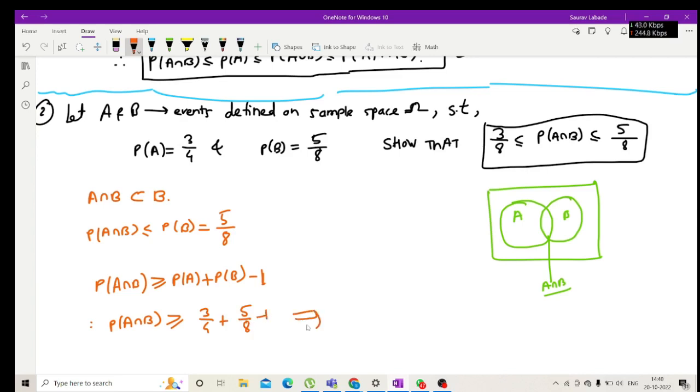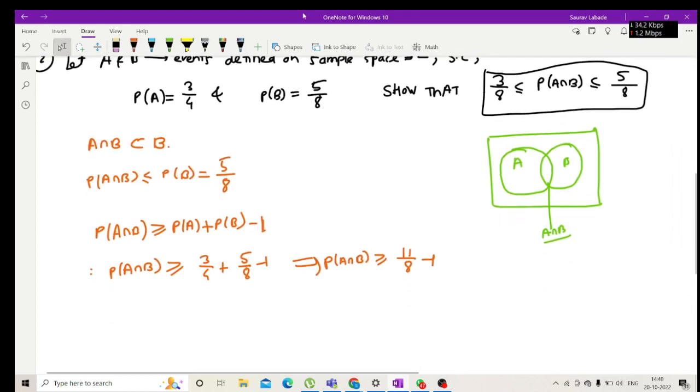This implies probability of A intersection B is greater than or equal to, multiplying by 2, 6 by 8 plus 5 by 8, which is 11 by 8, minus 1. So probability of A intersection B is greater than or equal to 3 by 8, right?